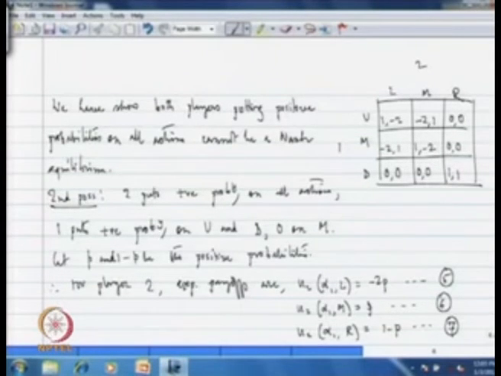It is minus 2p, and then you have p, and then you have 1 minus p.